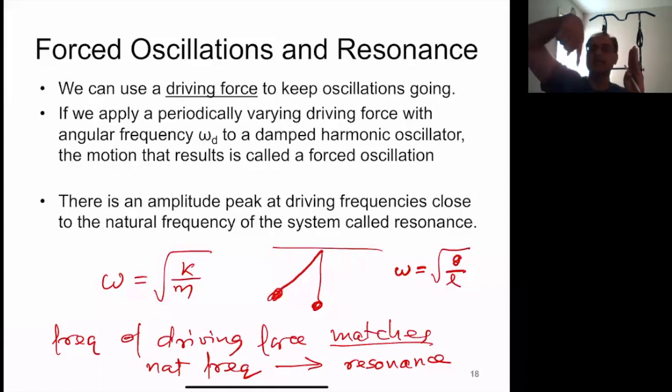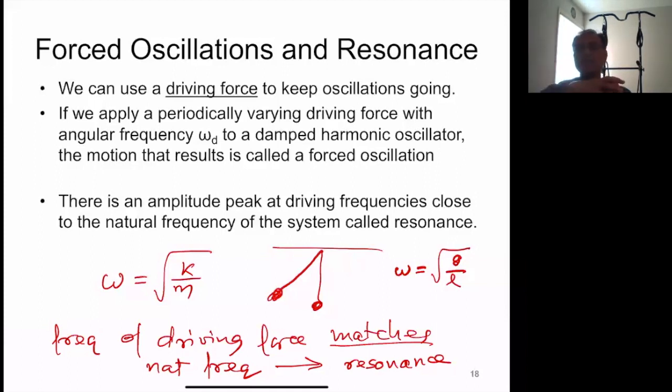So here's the swing, it goes like this, comes back, and another kid gives it a push. And so if you keep doing this, you can make the amplitude really large, right? So essentially you're using the phenomenon of resonance. You're making the frequency of the driving force match the natural frequency of the system. And that makes the amplitude of the oscillation tremendously rise up.